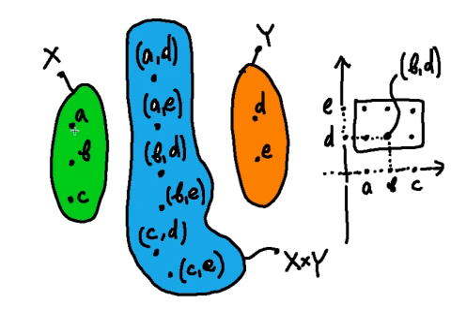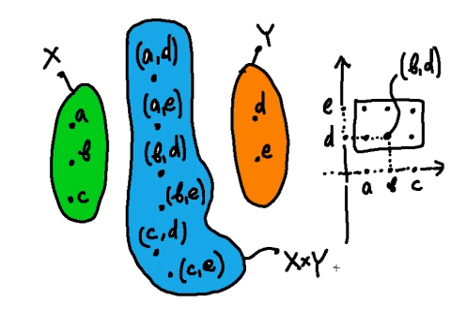So given a set X whose elements are A, B, C, and given a set Y whose elements are D and E, their Cartesian product will be a set whose elements are all possible ordered pairs, where the first component is an element of the first set and the second component is an element of the second set.